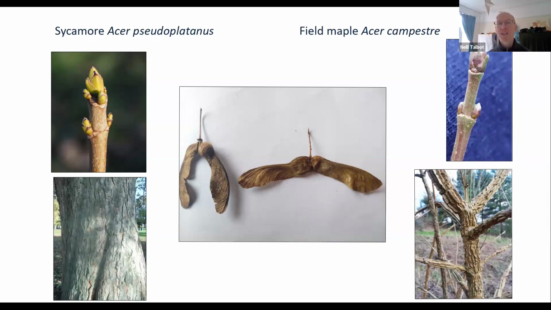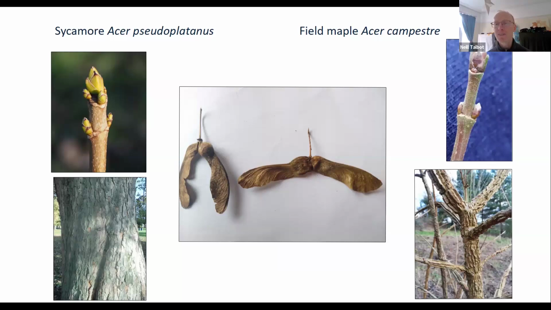So I'd say we'll start with the buds on this one. They've both got opposite buds, as you can see. They're not alternating down the stem. The sycamore always has these big fat green buds with slightly paler scales around the edge, and again a large terminal bud and smaller lateral buds.